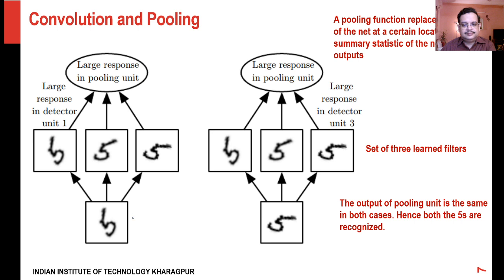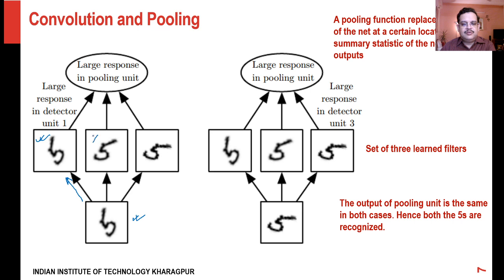So as I said, let's suppose your image has this, then this fellow will say that I see a 5 because it is trained to see the 5 in this orientation.